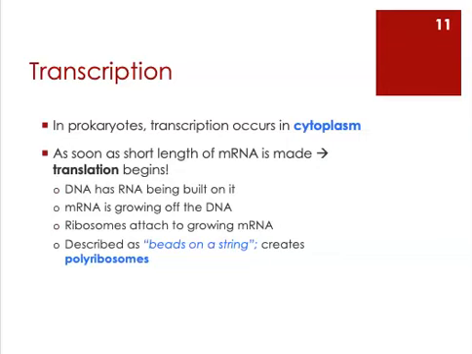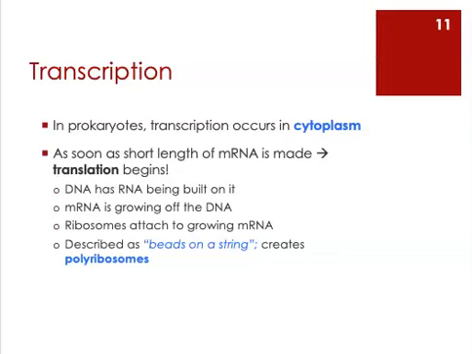In eukaryotes, it's different. Eukaryotic cells have organelles. So in eukaryotic cells, the DNA is housed in the nucleus, and transcription will occur in the nucleus in those cells. But in prokaryotes, it's all out in the cytoplasm.